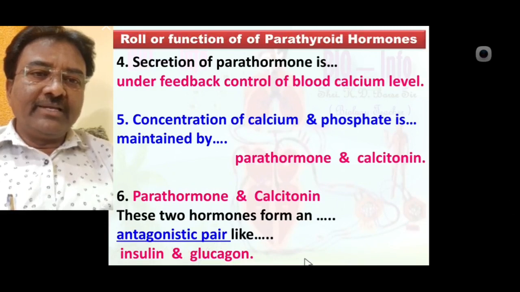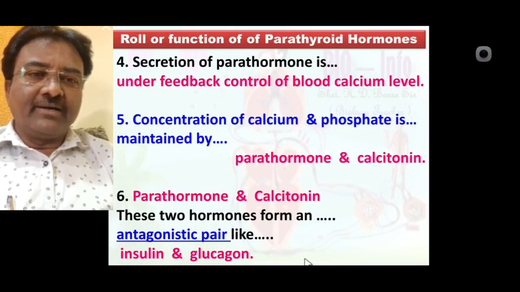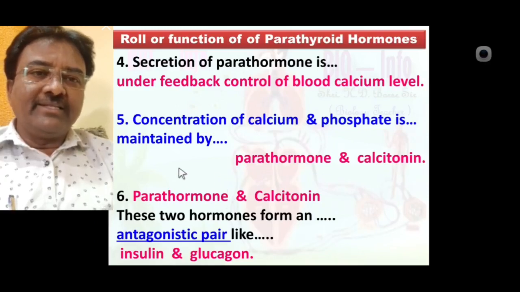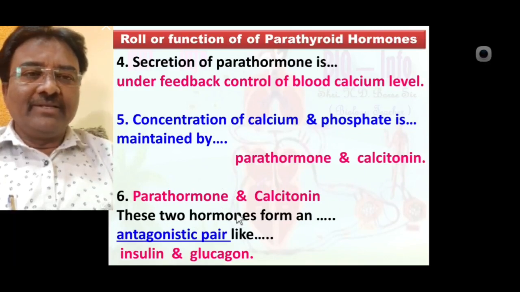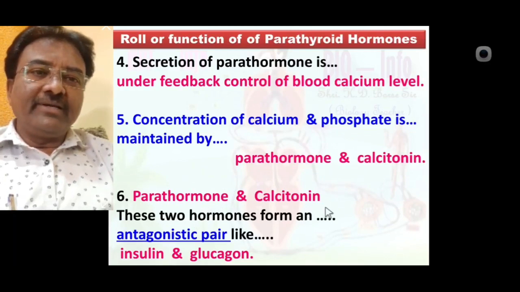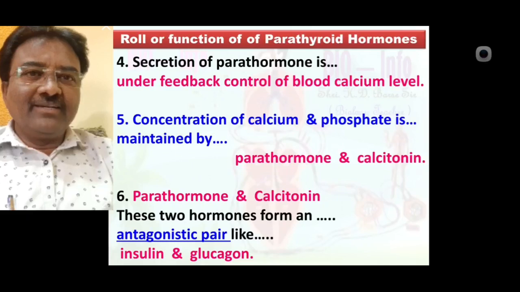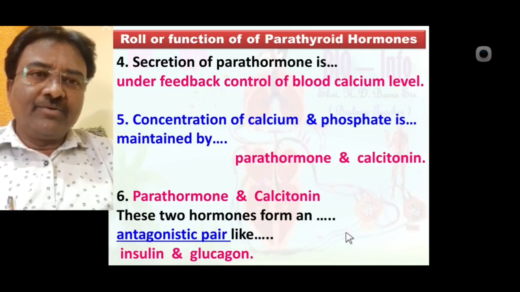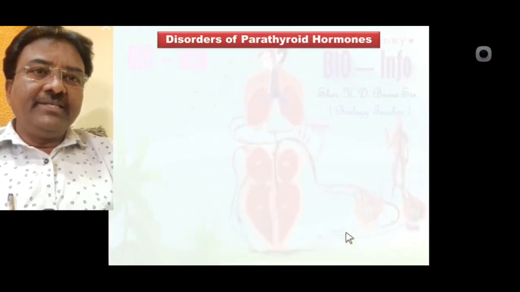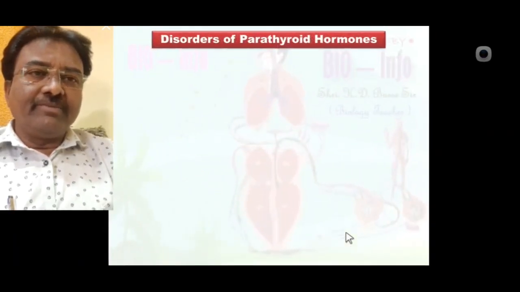Such a pair is seen in parathormone and calcitonin, because parathormone increases the calcium level in the blood and calcitonin decreases it. So parathormone and calcitonin are also an antagonistic pair. Up to this we discussed in detail the role and function of parathyroid hormone. Now we learn disorders of the parathyroid gland.